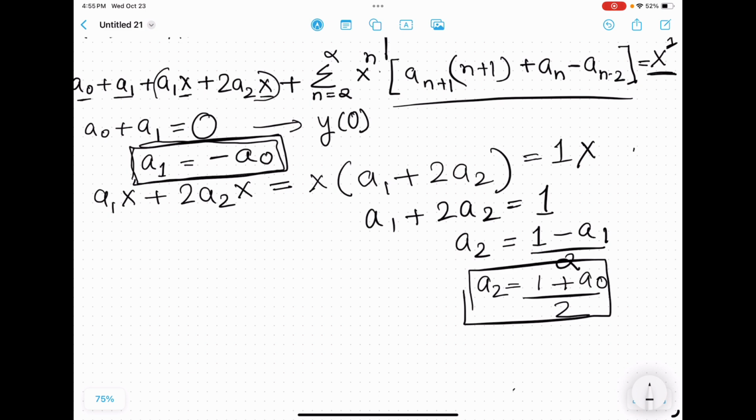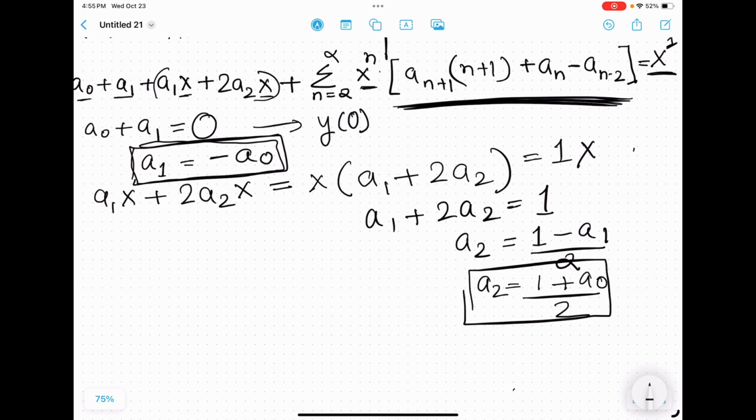So for any greater powers of x, the coefficients are 0.